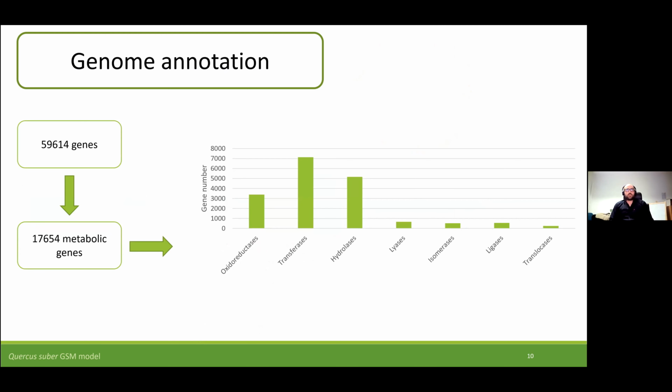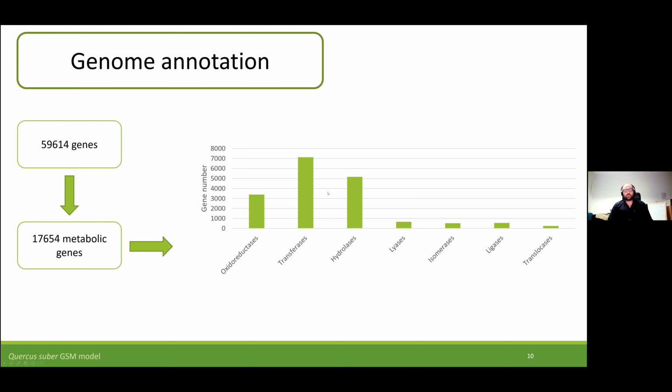So regarding the results from the genome annotation, from the nearly 60,000 genes that were retrieved from the submitted genome, we identified less than 8,000 metabolic genes. Most of these metabolic genes, over 7,000, are enzymes that are transferases, followed by over 5,000 hydrolases and over 3,000 oxidoreductases.